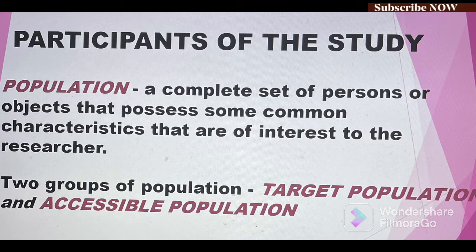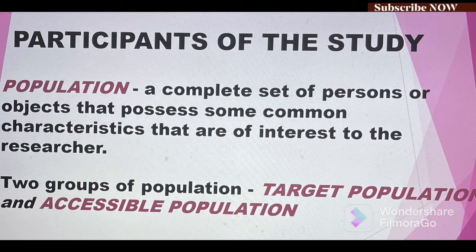So what is the difference between target population and accessible population? Say, for example, the population that you're going to include in your study are the secondary school teachers. The target population, of course, are the secondary school teachers.